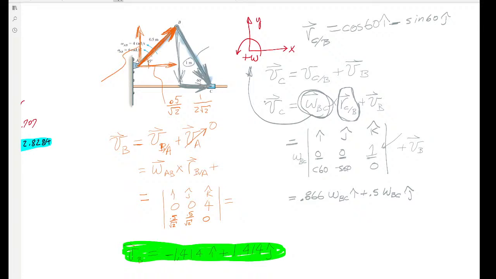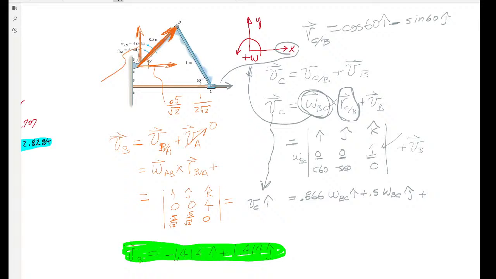One of the things about velocity of C, if you look at this, this thing has to go this way or it has to go that way. Here, I'm going to be rigorous about my coordinate system, and I'm going to assume it goes to the right because it lines up with that. So what I'm going to do is velocity of C goes to the right.